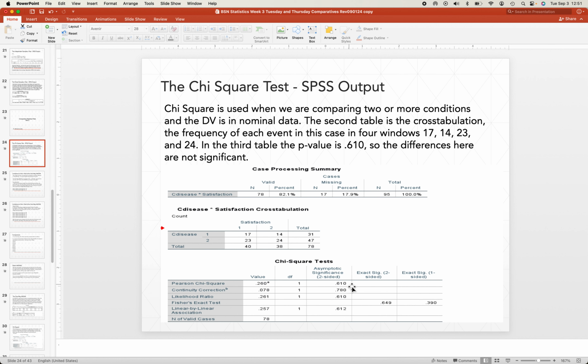And because it's a difference in the frequency of two nominal events, or it can be more than two nominal events, but because it's a difference, I classify it here with a comparative test. So just to let you know that if you see this mentioned as a test of association, I don't consider it to be that. I consider it to be a comparative test showing the difference in the frequency of these nominal events.